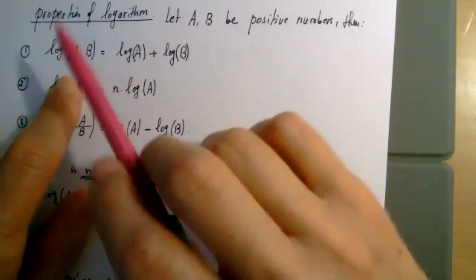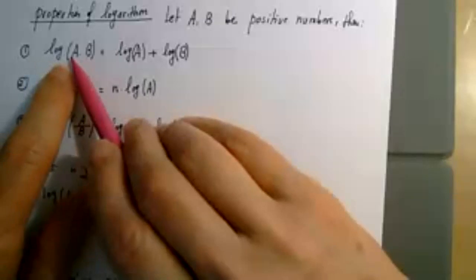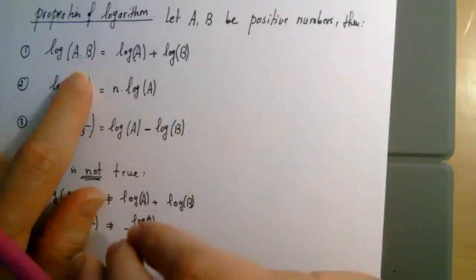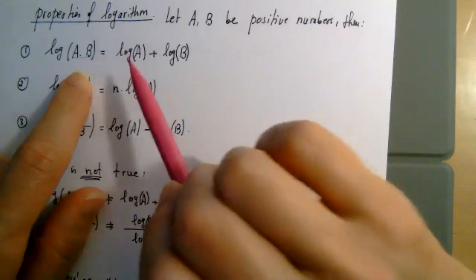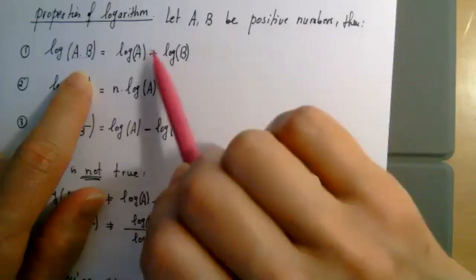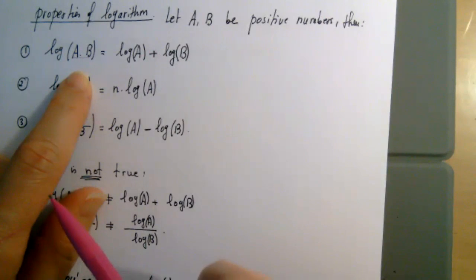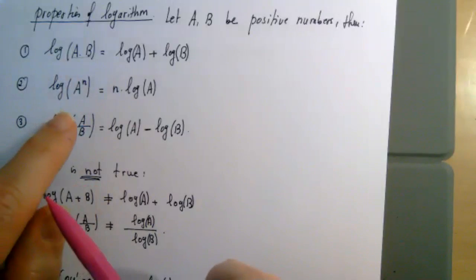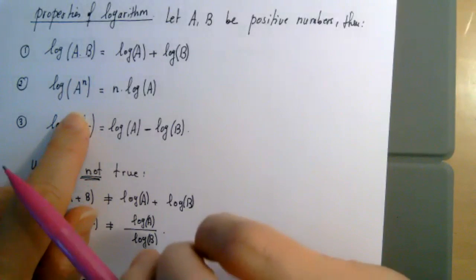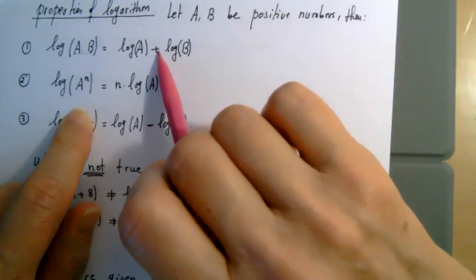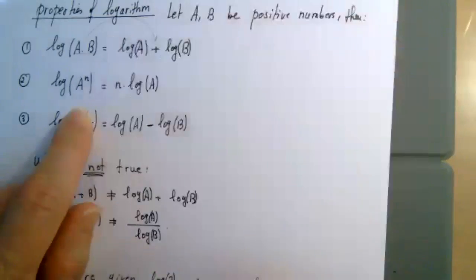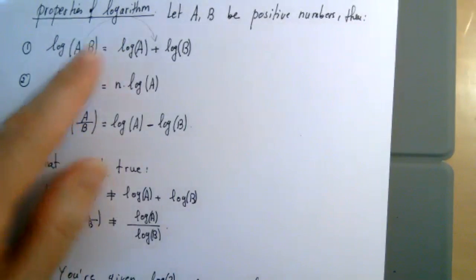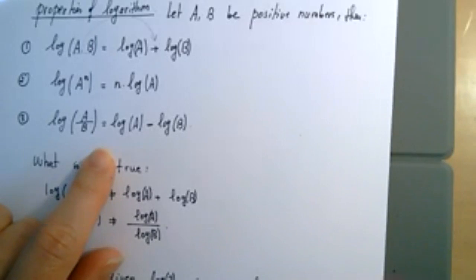One of the properties of the log tells me that the log of this new number, which is the product, is the log of the first plus the log of the second. Plus, crucial. This has to be drilled. It's a plus, you don't multiply them. So the product is turned into a sum.